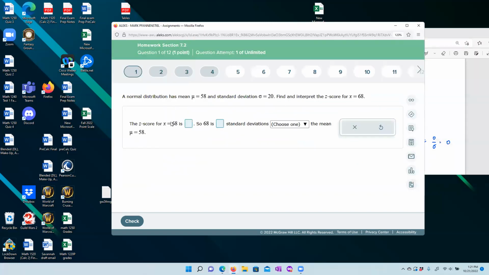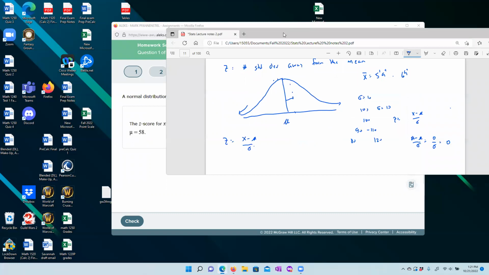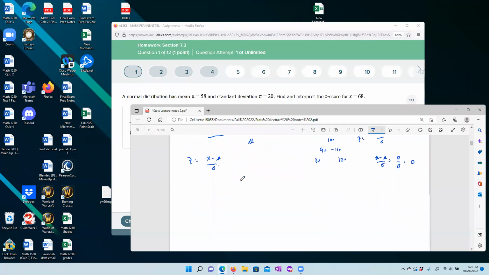So when they want to know what z is for x equals 68, we need to know what the mean and the standard deviation are in order to do this. So if I'm given that the mean is equal to 58 and the standard deviation is 20, what is the z-score for 68?